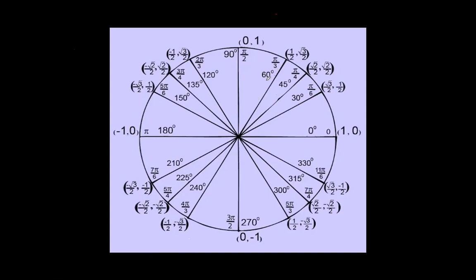Kasi hindi naman kayang kunin ng kahit sino yung mga 29 degrees, 39 degrees, 1 degree, with the specific points or coordinates here. Kailangan na ng calculator or computer. So kaya, ang ginawa dito, puro special angle. Sir, paano naging special angle yung 120, 135, 150? Okay, later I will explain.